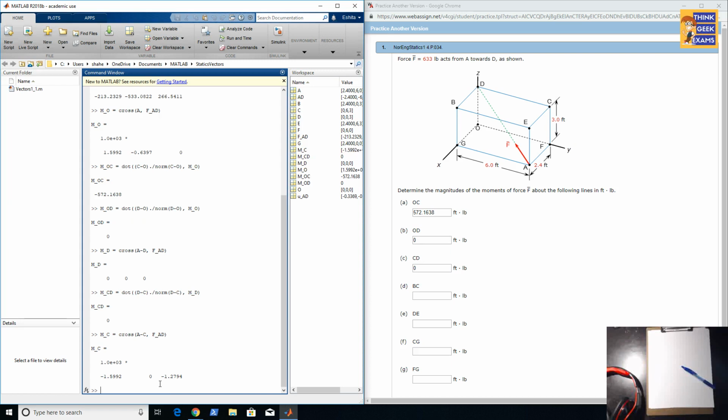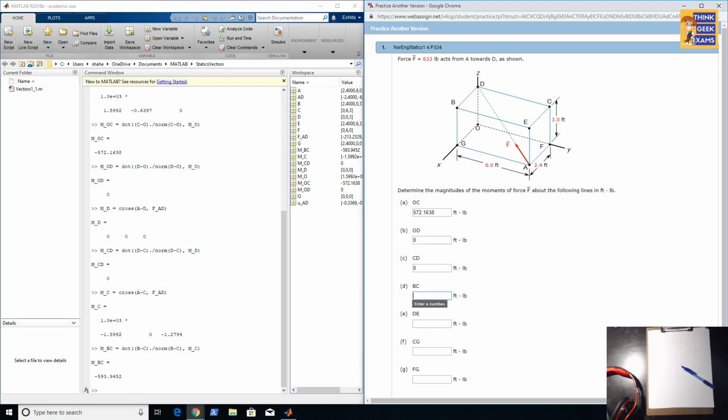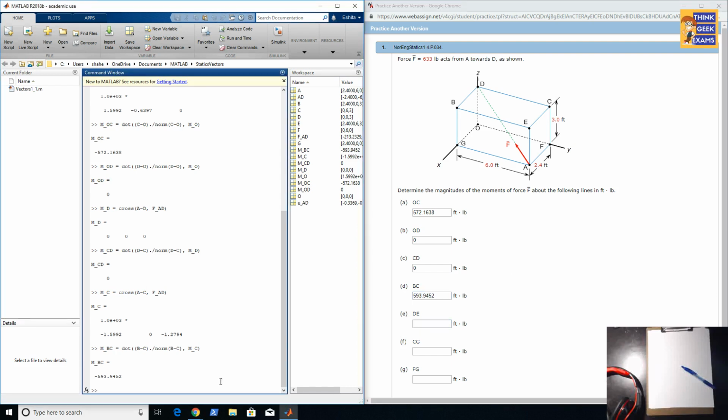BC is going to be B, C. It's 593.9452. Okay. DE, we're going to use MD for that, and it's going to be 0, but let's do it.